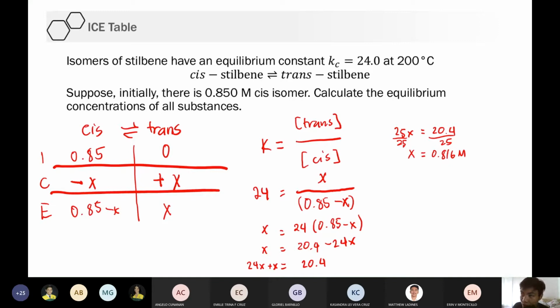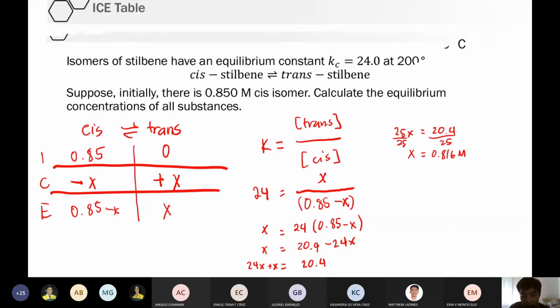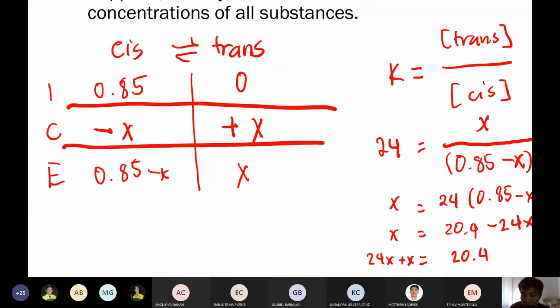So to solve for the equilibrium concentration, we have to go back to our ICE table. We already know the value of x, 0.816 yon. Ipa-plug in natin yon sa ICE table. Okay? Para masagutan yung problem. So that means, to solve for the cis concentration, that will be 0.85 minus 0.816.